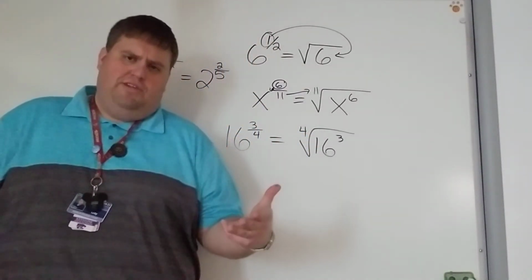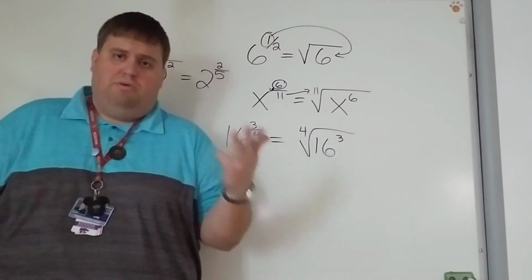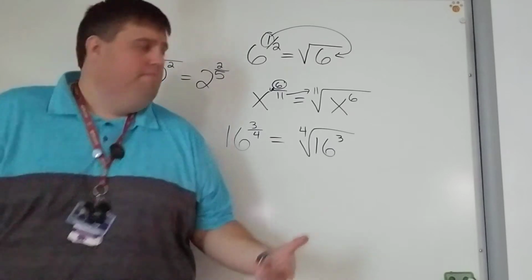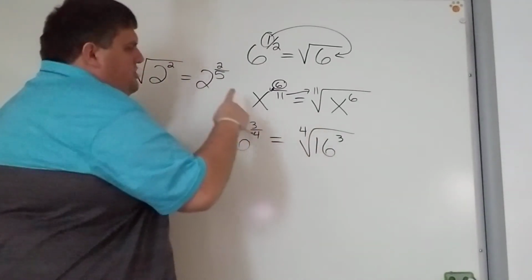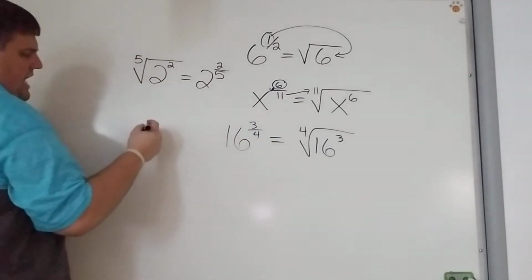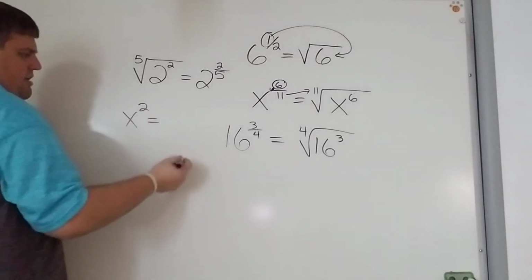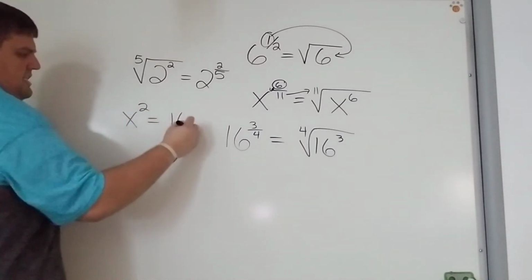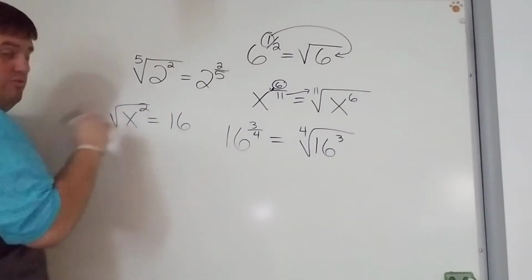I don't know how much of this you guys did last year. But in my pre-algebra class, this is one of the first things we do in the year. And we talk about how square roots undo exponents. Right? So for example, if I had something like x squared equals 16, to get rid of the squared, we need to take the square root.